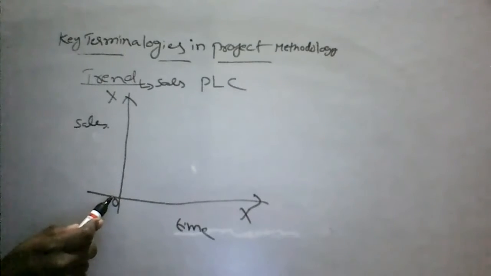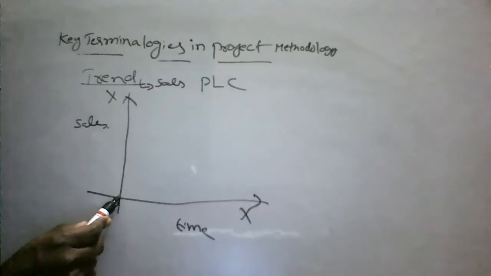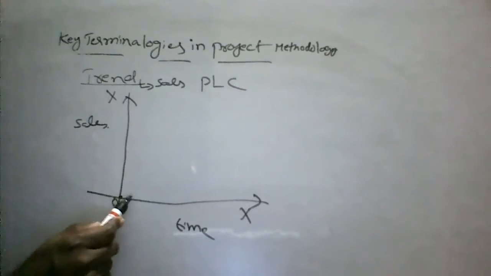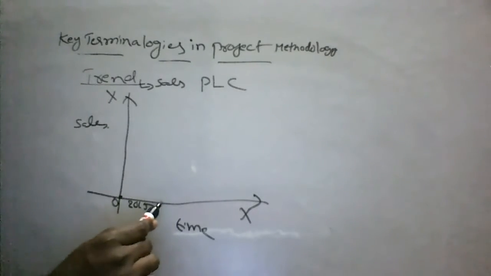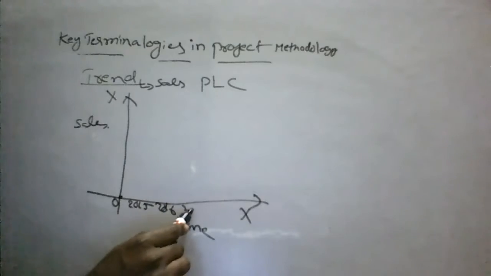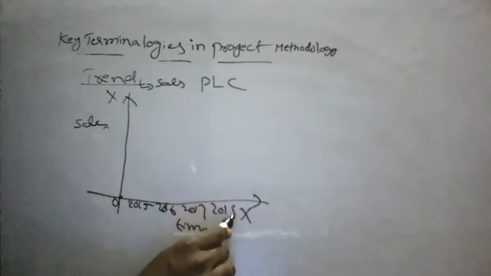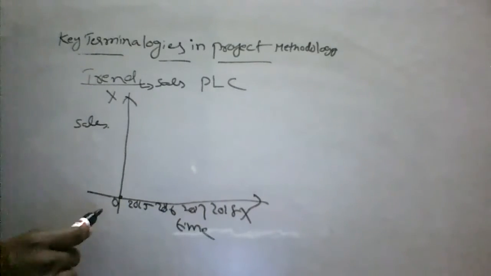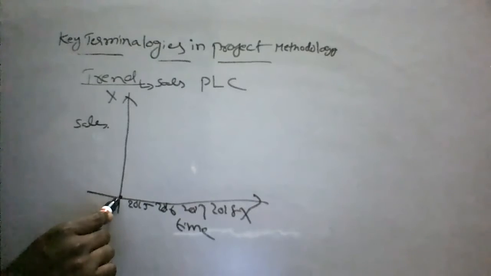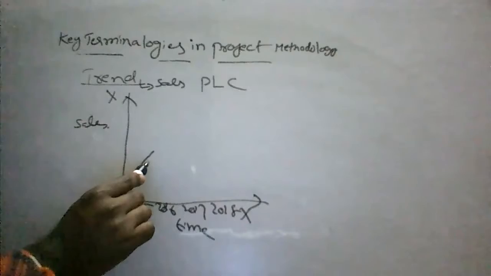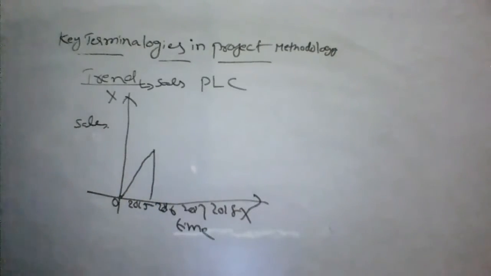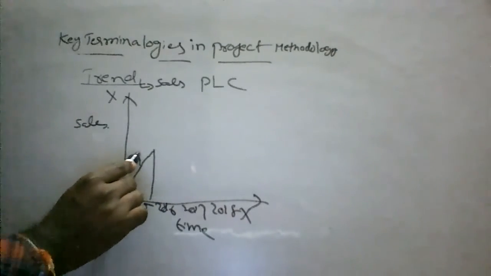Whenever you launch a product in the market, say in 2015, and then 2016, 2017, 2018, the time series is taken on the x-axis. At the introduction stage, the product starts at the origin and slowly increases. This is called the introduction stage.